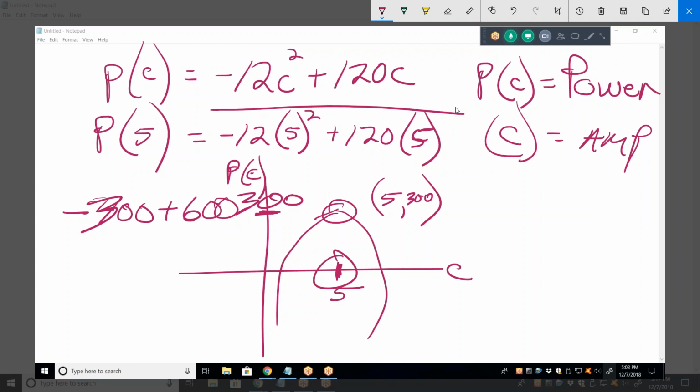One of the things you've got to keep straight on these algebra problems is when we're talking about the horizontal axis and when we're talking about the vertical axis. In the first problem, the only number they wanted was this 7, where it occurred on the horizontal. In this problem, the only number they want is this one. But in order to get that 300, you have to come up with 5 to plug in.